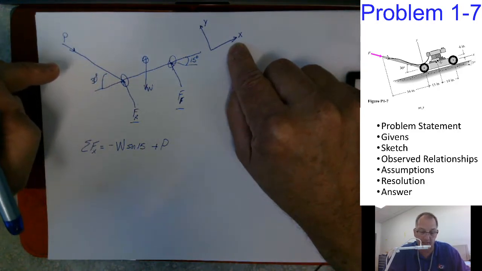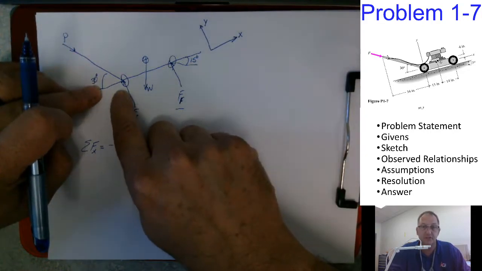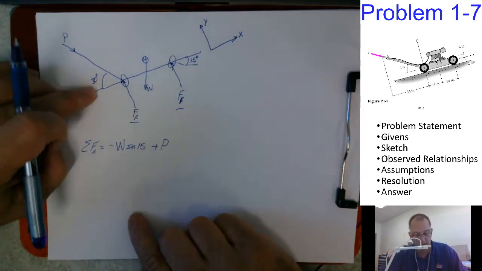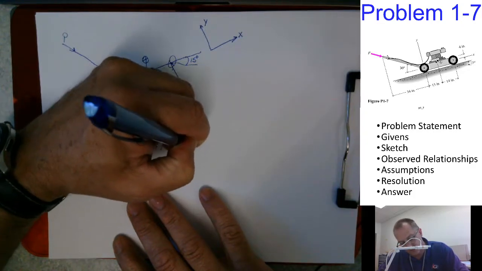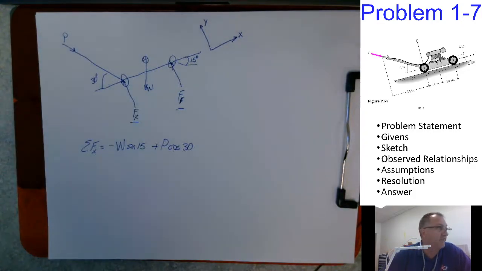Sorry, I'm in the x direction. If that angle goes to 0, it goes to 1, so it's cosine of 0. So it's P cosine of 30. Now, some of you may be faster at that and slower at that. That is something that we've got to just get ourselves back into.